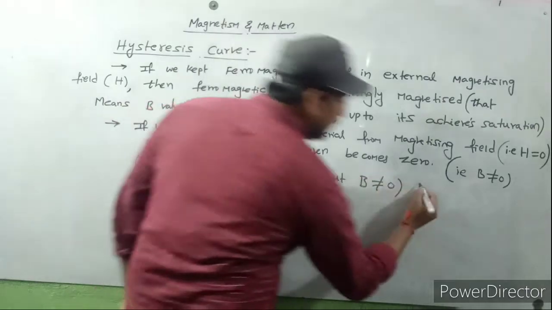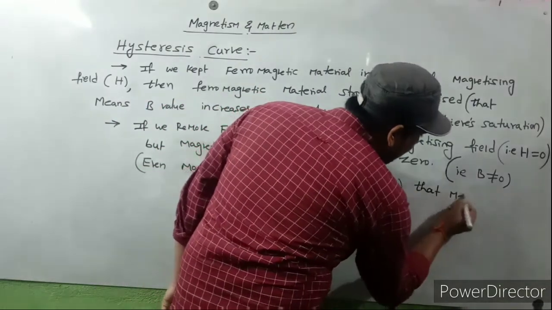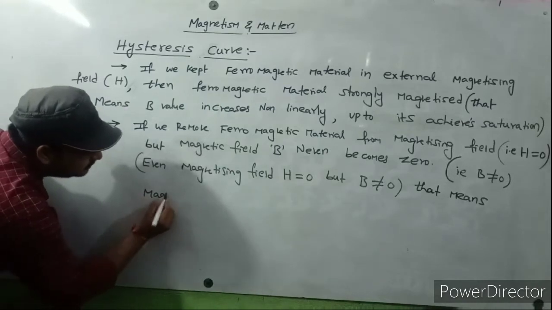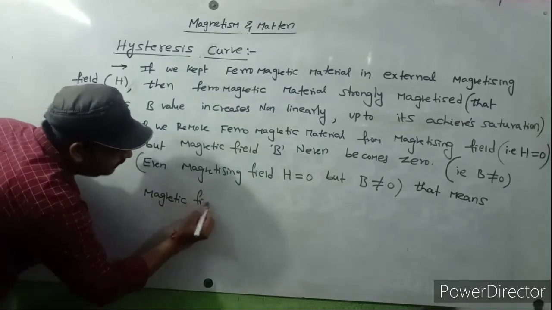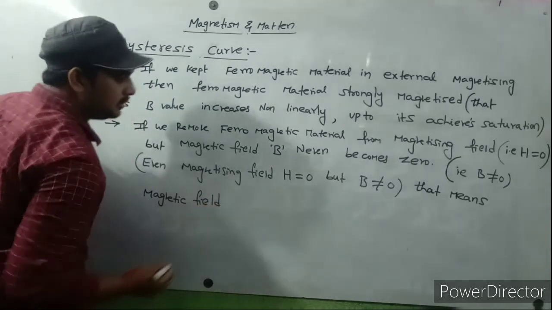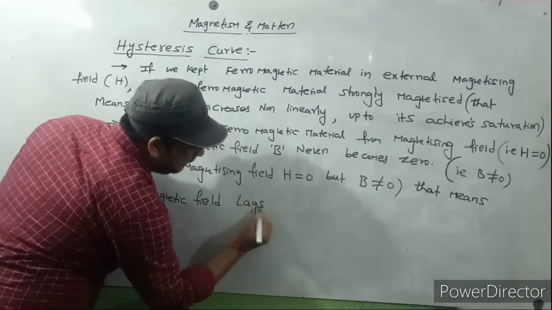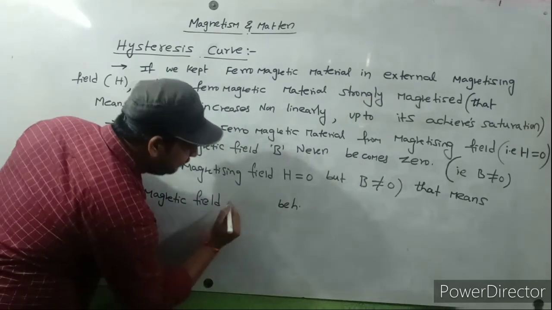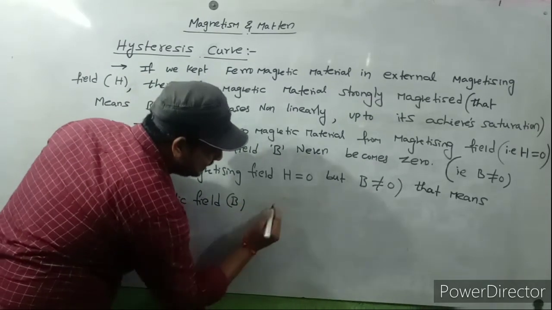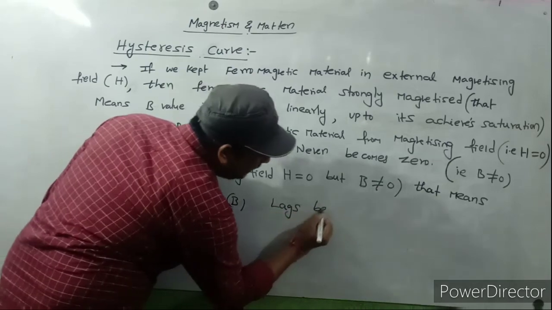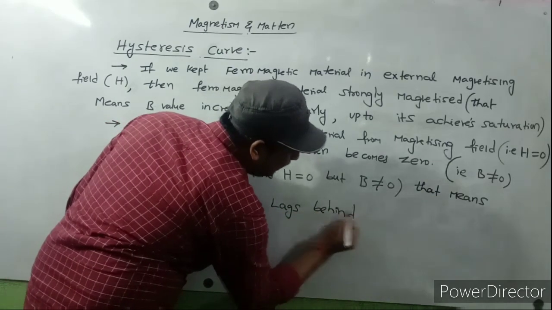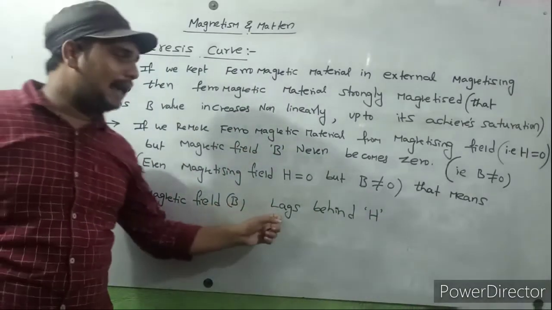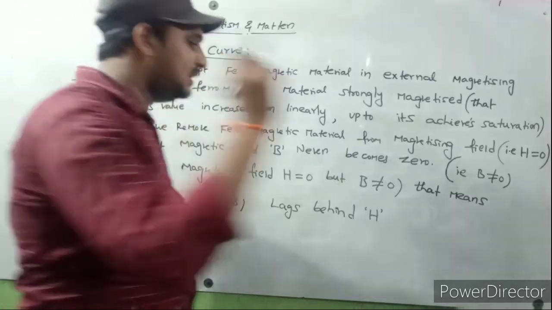That means the magnetic field lags behind. The magnetic field is indicated with B. Magnetic field B lags behind H. The magnetic field B lagging behind H is called hysteresis.